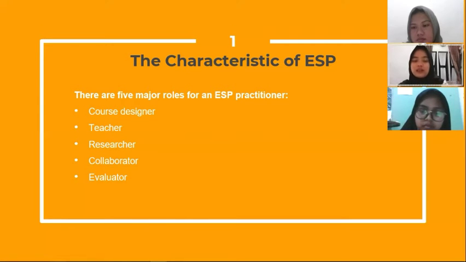So we need research to make it become clear and also reliable. And then collaborator. In collaborator, we need some other experts to make our materials become more complex and also good materials. And then evaluator, because it is not only learning the language, but also the content. So we need evaluator to give more feedback for the student.